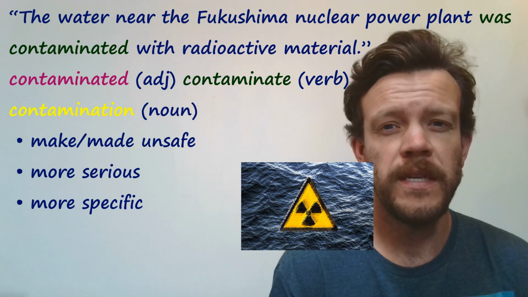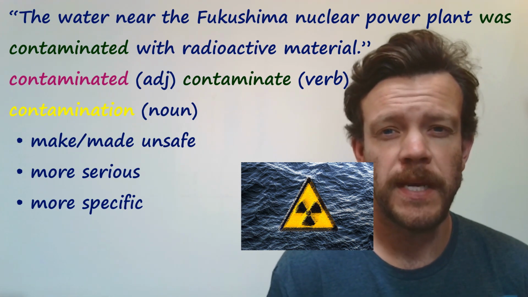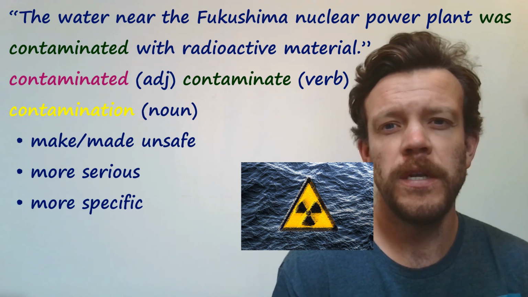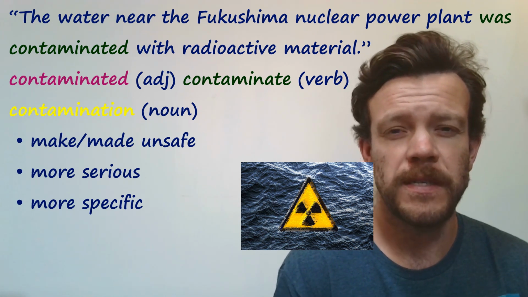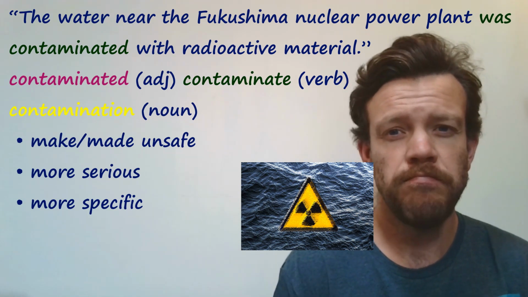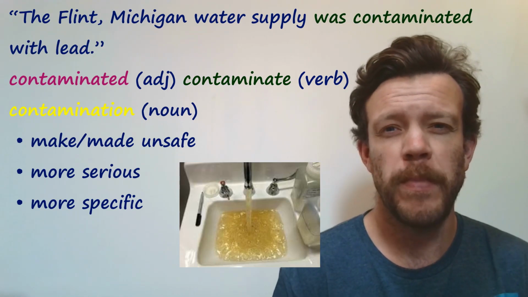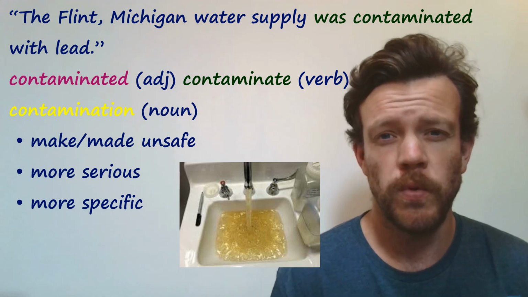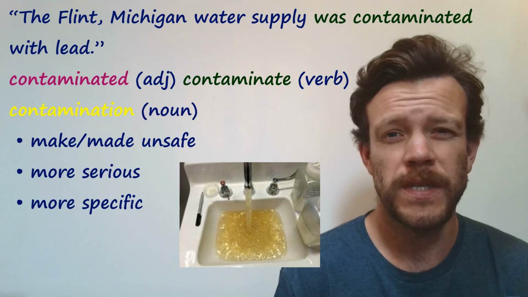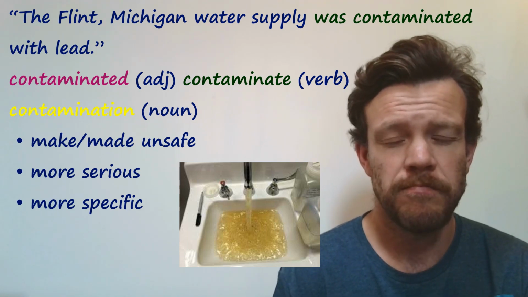So contaminated, adjective, contaminate, verb, contamination, noun, are generally used to talk about something being made unsafe. Like that example, we often use it to talk about the water supply, the water we drink. So the water in Flint, Michigan was contaminated with lead.